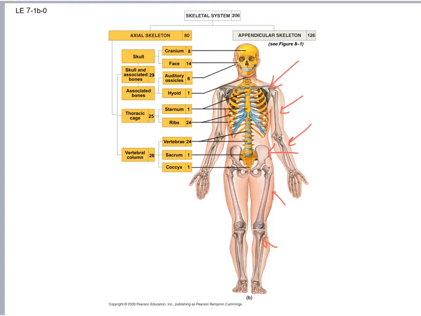Right? There are a lot of bones, and a lot of structures on those bones that you have to know. You will be able to identify all of the bones individually, not on a skeleton, but individually. And you'll be able to identify little structures on those bones, right?